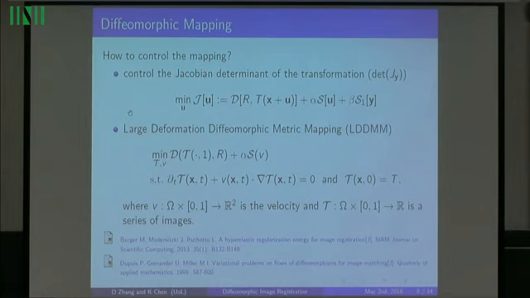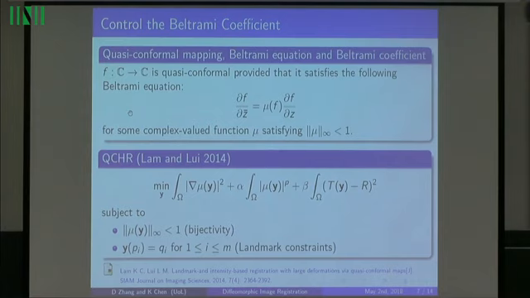Here, we can think of it as a soft constraint. Another method to get diffeomorphic registration is large deformation diffeomorphic metric mapping, or LDDMM. Here, the deformation is modeled by its velocity over time according to the transport equation. Recently, a new technique, which is to control the Beltrami coefficient, is used to get diffeomorphic registration.